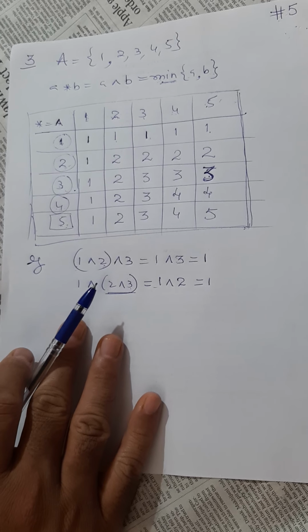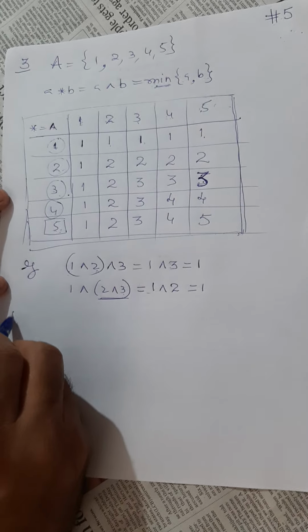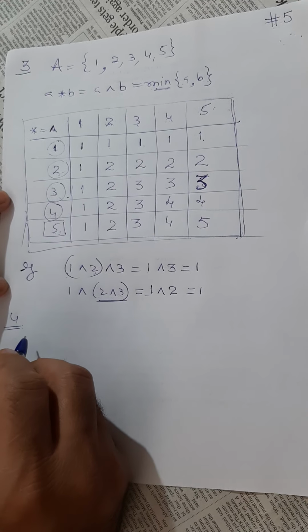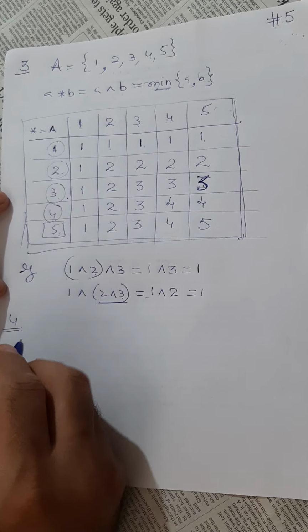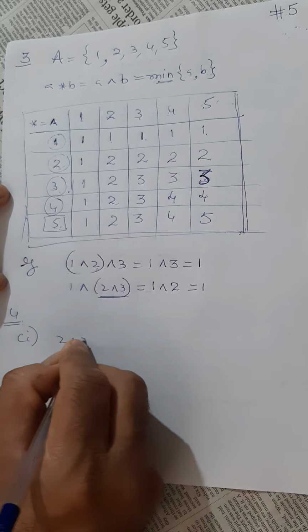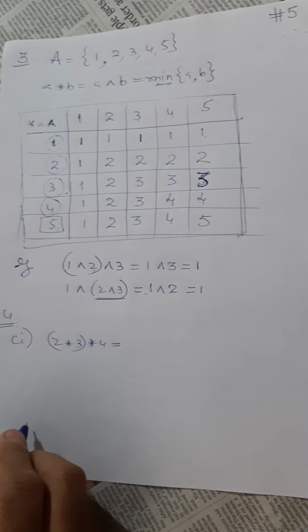Now in question number 4, one table is already there, and you want to compute from it. The ready table is given in the question. The first part is compute 2 asterisk 3 asterisk 4. So let's go to the table.